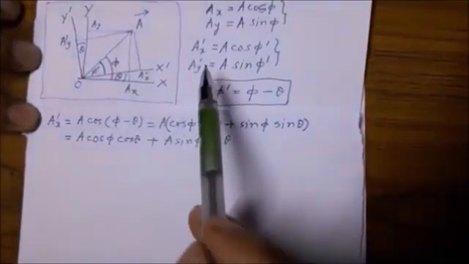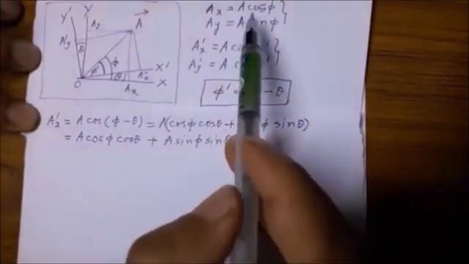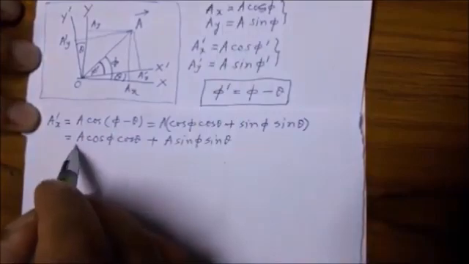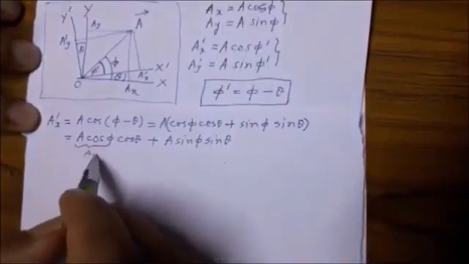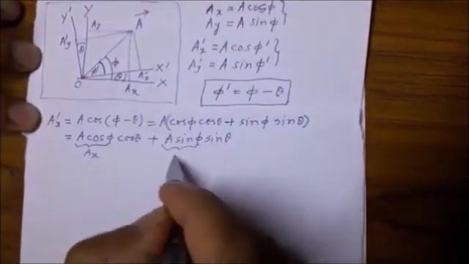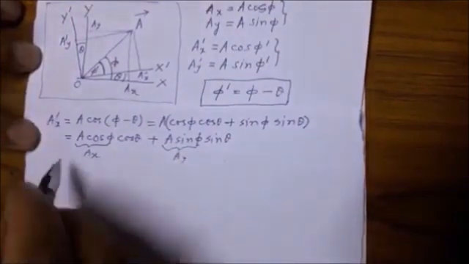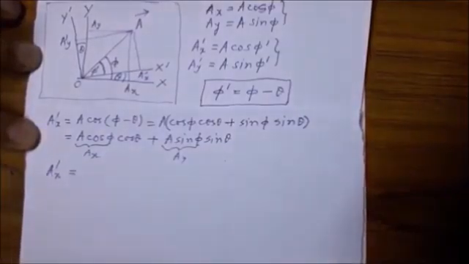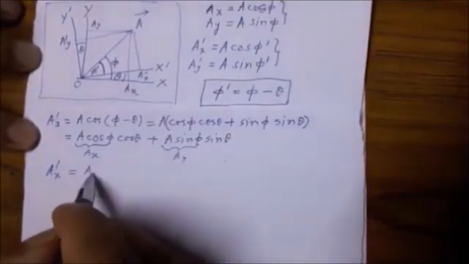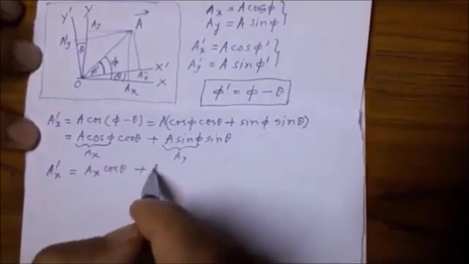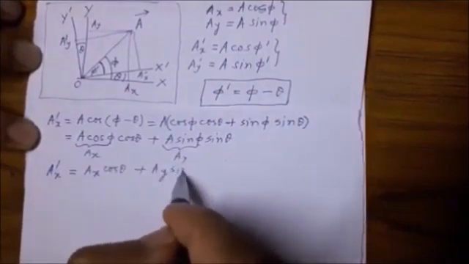And let us now see that a cos phi is ax, so this is actually ax, and a sin phi is ay. So we have the transformation relation. Ax prime can be written as ax cos theta plus ay sin theta.